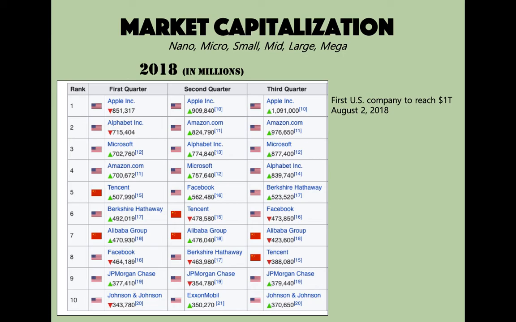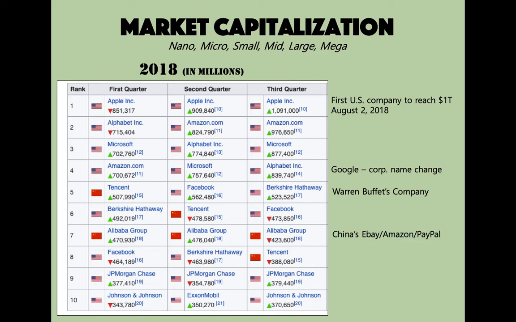And that happened on August 2nd, 2018. Amazon, we know. Microsoft, many of you probably have heard of. Alphabet is actually Google. They had a corporate name change a little while ago. Berkshire Hathaway is Warren Buffett's company, if you know Warren Buffett or have heard of him.